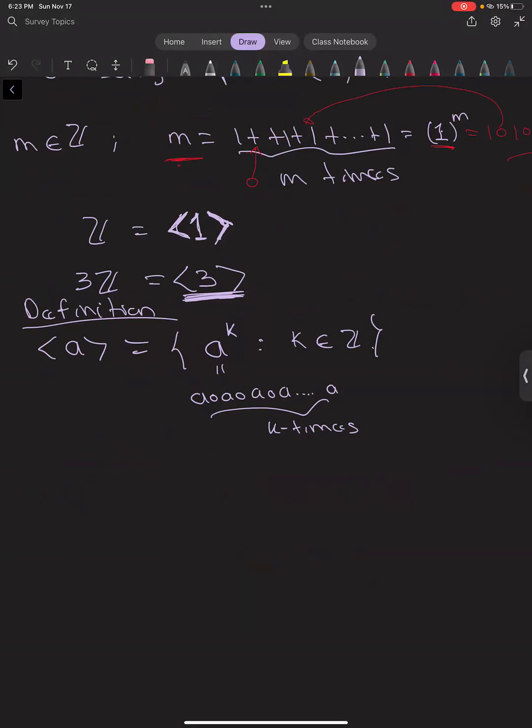Let's give another example. I try to give you as many examples as possible.